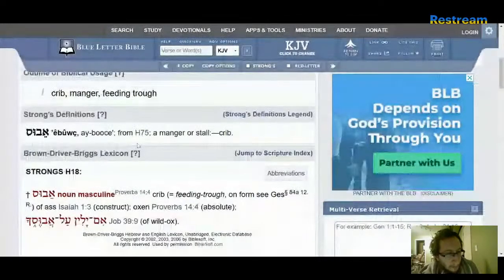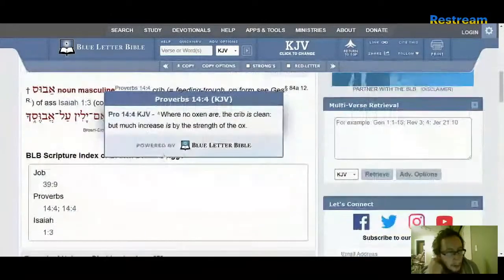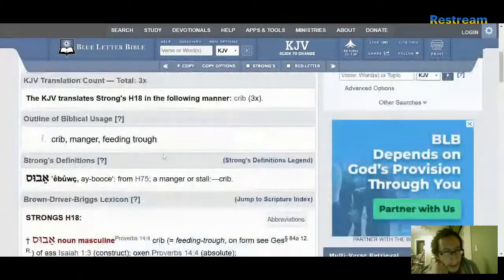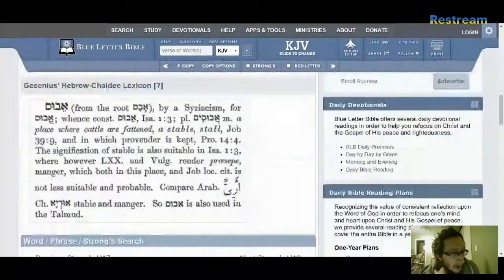So now let's look in the Blue Letter Bible. Okay, Blue Letter Bible, we have crib, manger, feeding trough. So it occurs 3 times to mean crib or feeding trough.